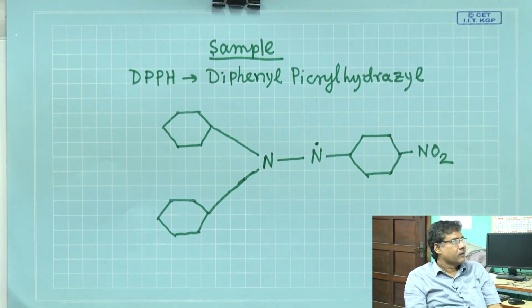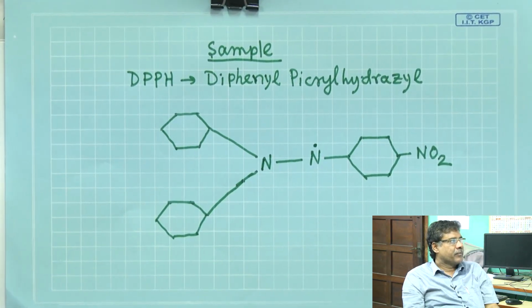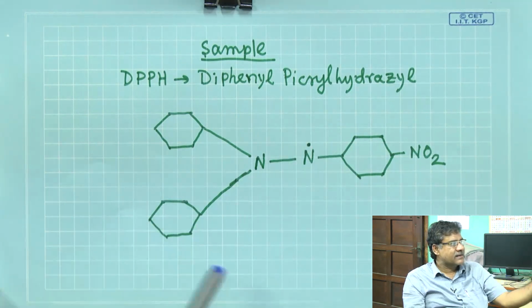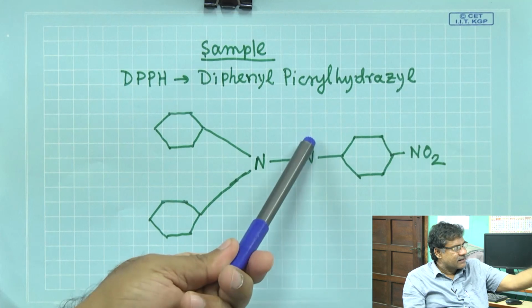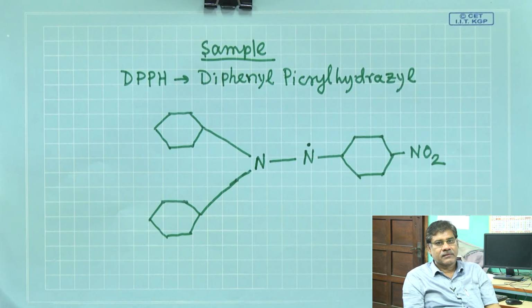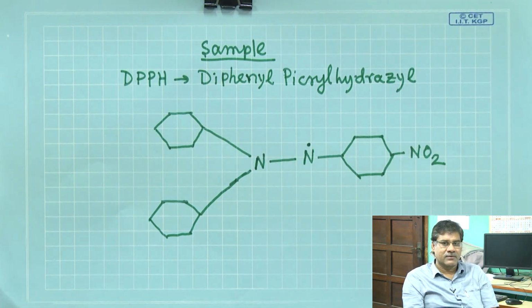It is diphenyl picryl hydrazyl, and its chemical structure is like this. Here you can see a nitrogen with a single unpaired electron. In this sample, this electron is almost a free electron.